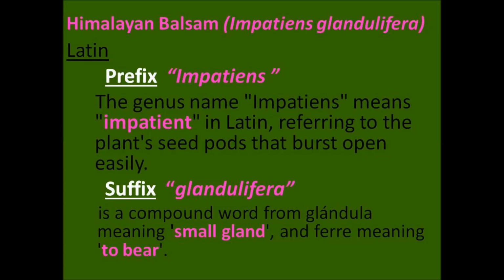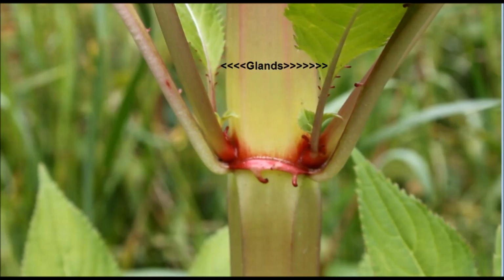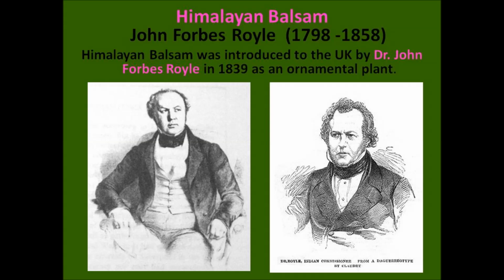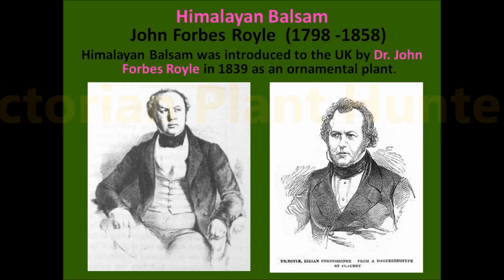Together, the term translates into bearing small glands, which describes the plant's characteristic glands that produce sticky nectar. Himalayan balsam was introduced into the UK in 1839 by John Forbes Royle, a former keeper of a botanical garden in the Himalaya, as an ornamental plant.